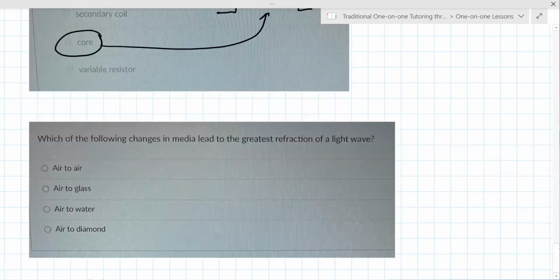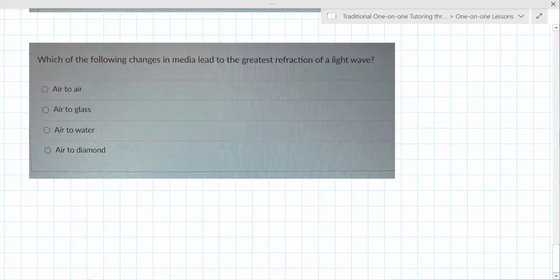All right, so new problem here. That's saying which leads to the greatest refraction of a light wave. So air to air, there would be no refraction. And so obviously it's one of these other ones here.